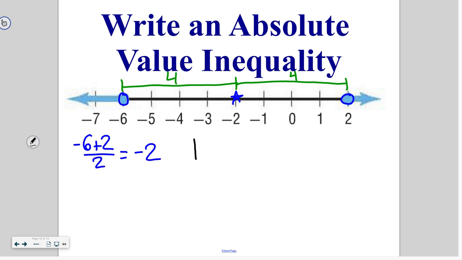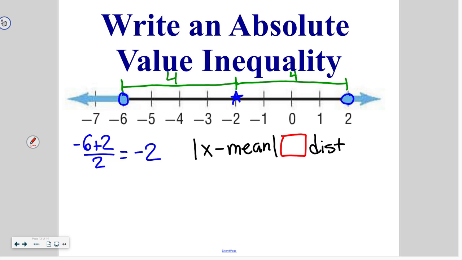So just like with the equation part, I have x minus the mean, or minus that middle number, in the absolute values, and the distance is off by itself. The symbol that you are going to plug in between is going to depend on you recognizing the type of graph that we have going on.